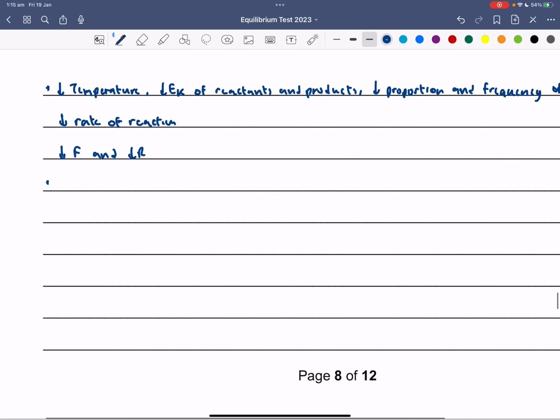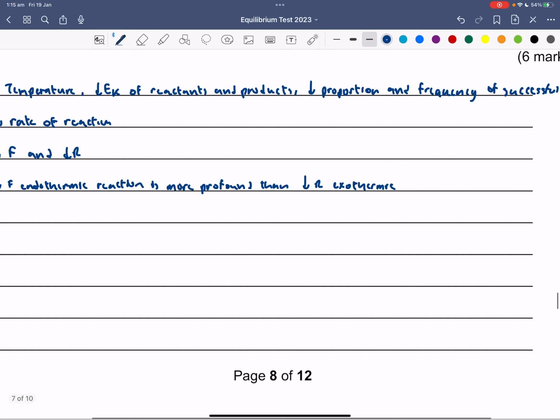So what we can write is that the decrease in the forward endothermic reaction is more profound than the decrease in the reverse exothermic reaction.